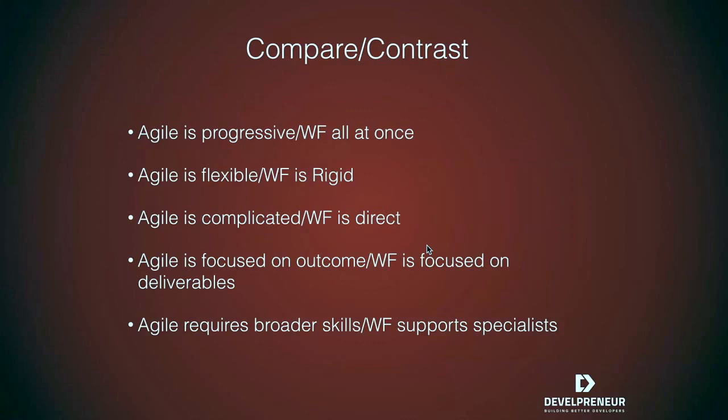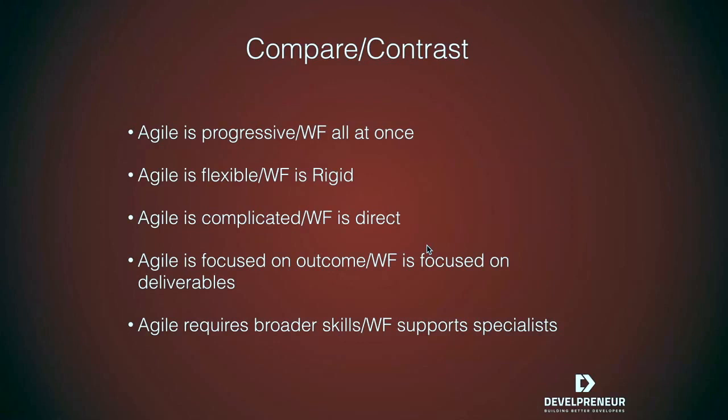So you can have a requirement specialist, a design specialist, a coder, an implementation specialist, a QA specialist, a deployment specialist. But since all these people are working together in a sprint in the Agile approach, there becomes a little more of a blurring of where one role ends and another one begins.